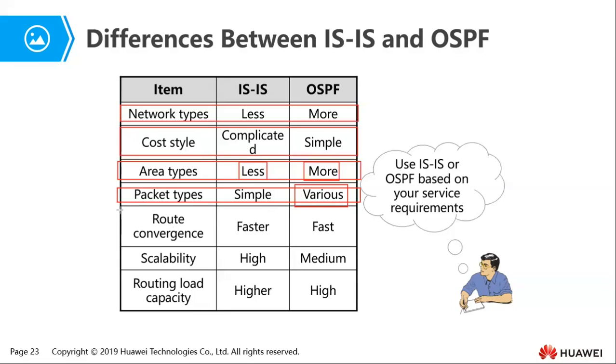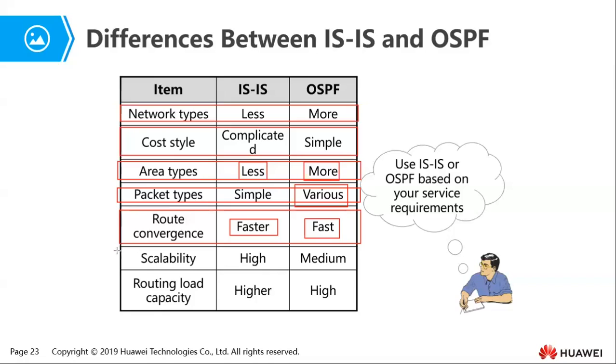Then you have route convergence. Even though OSPF has a fast route convergence mechanism compared, for example, to RIP and other predecessor routing protocols, IS-IS is faster because it implements methods such as partial route calculation and incremental SPF.